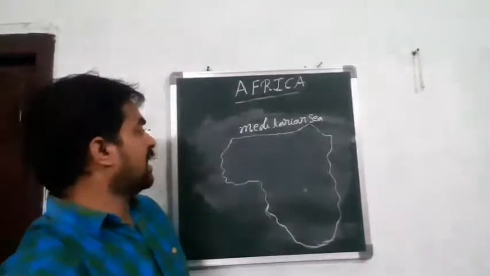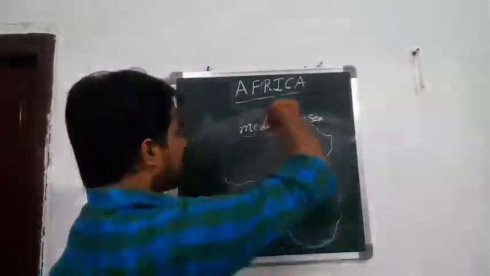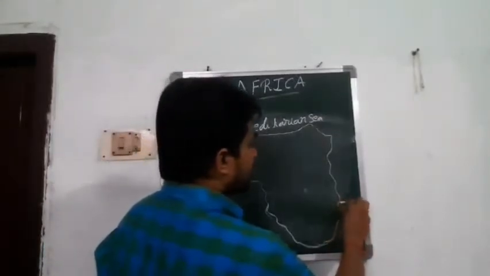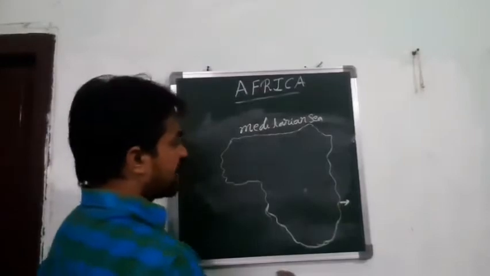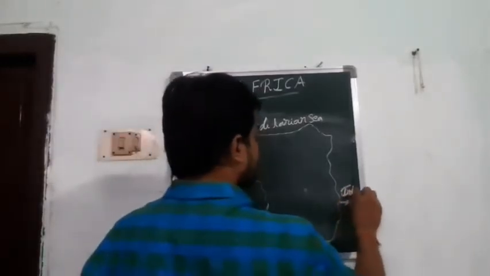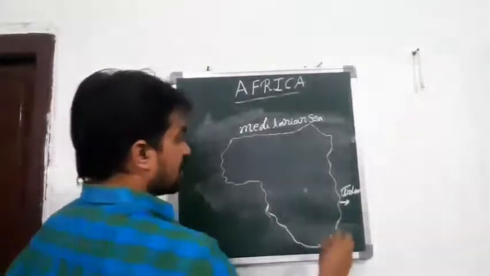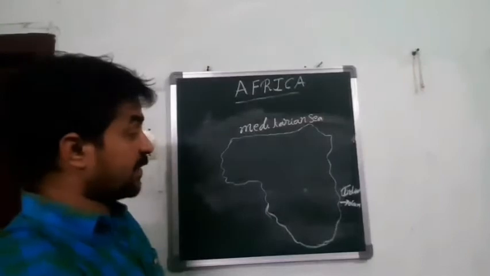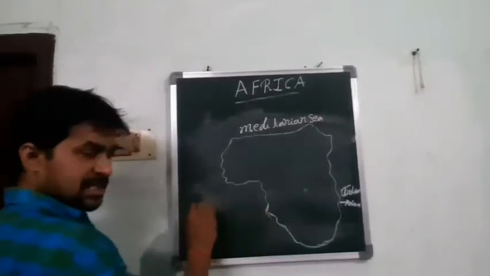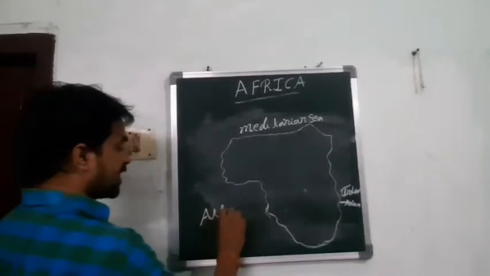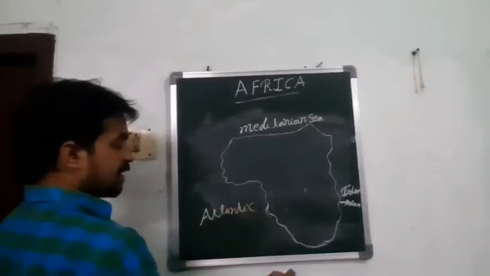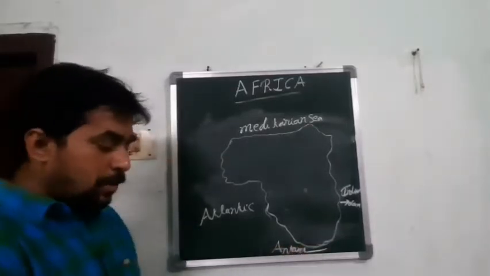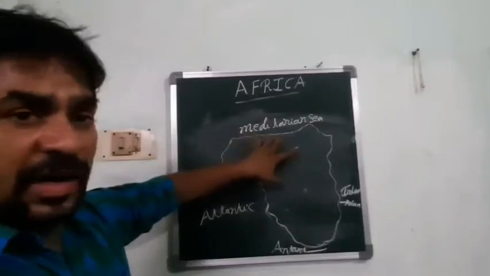The eastern side of Africa has the Indian Ocean. The western side of Africa has the Atlantic Ocean, and the southern side has the Antarctic. So this is the location of Africa.